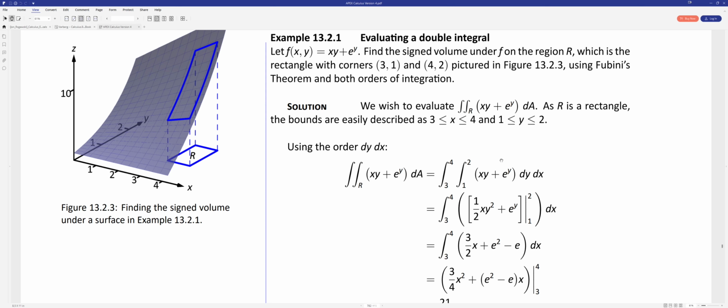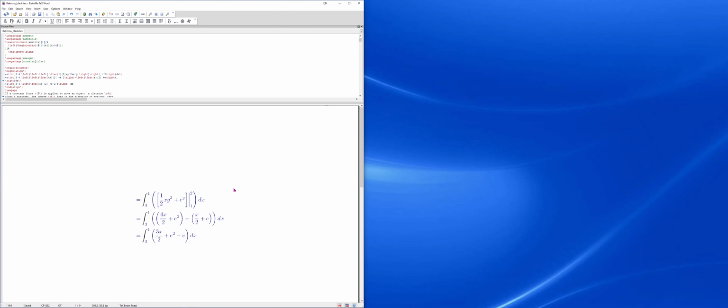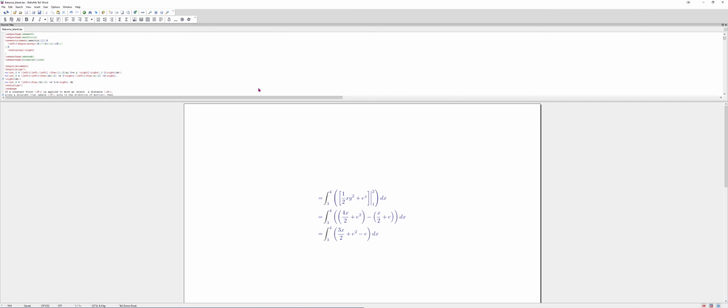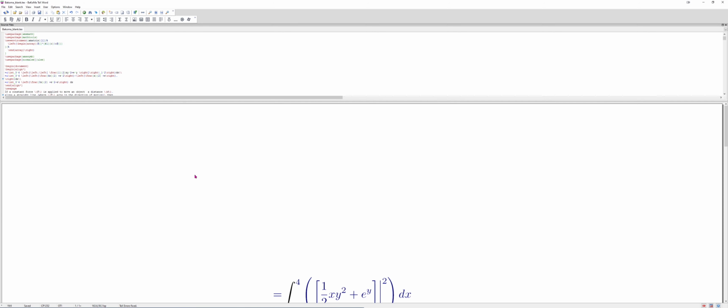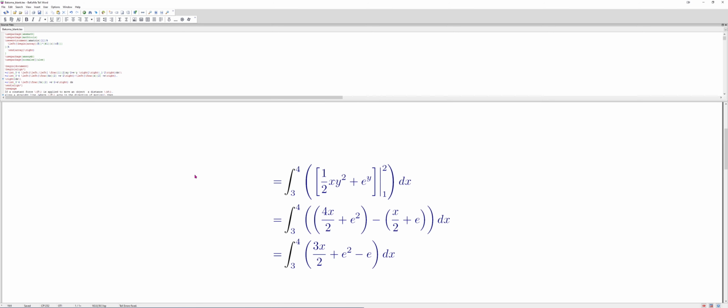So what I'll do for you is the intermediate step here. This is what you get after you integrate partially with respect to y and put in y equal to 1 and y equal to 2.